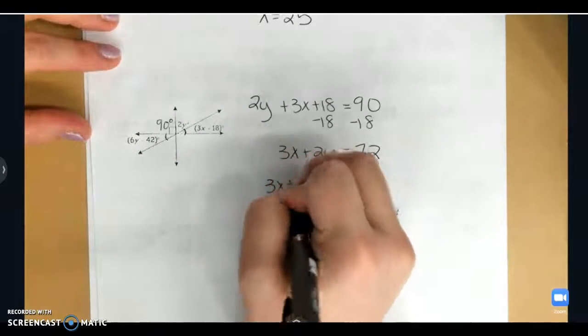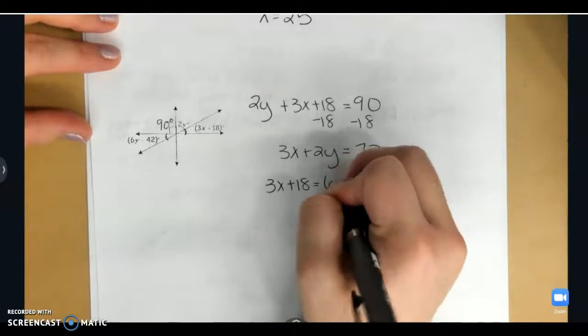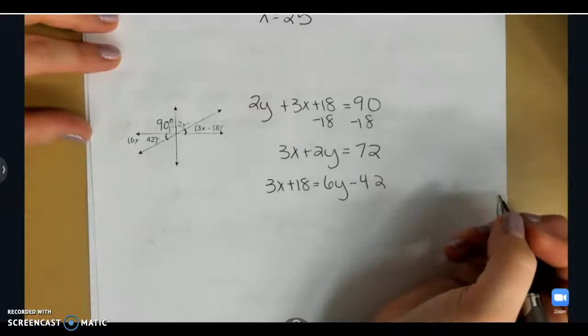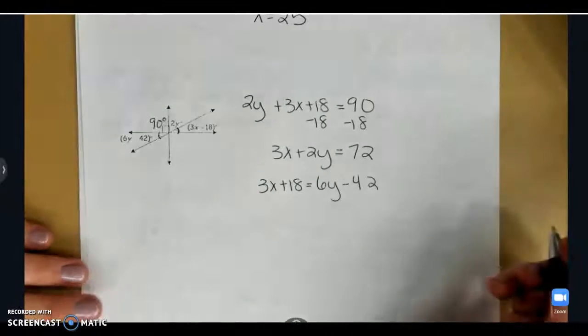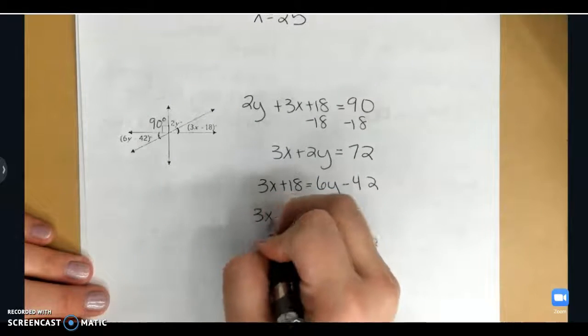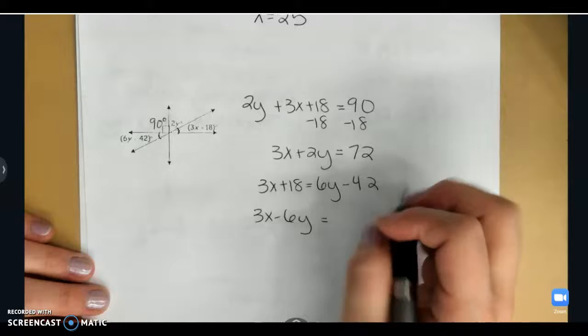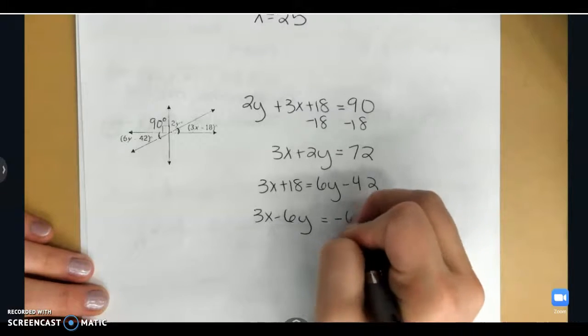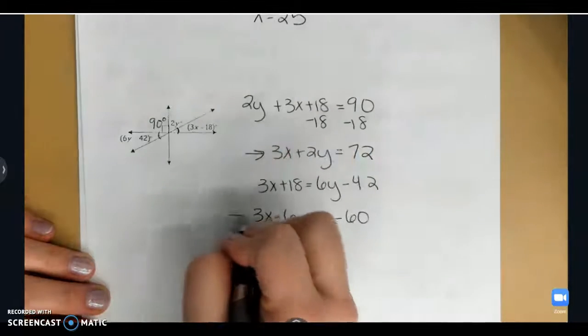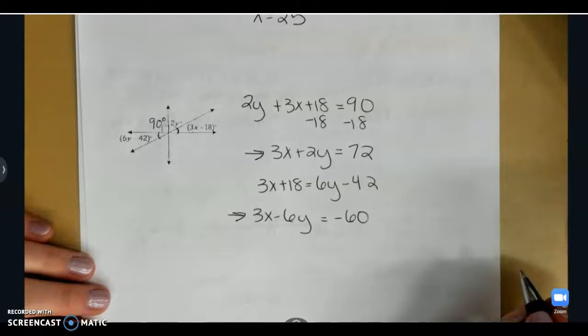So 3x plus 18 equals 6y minus 42. And I'm going to rewrite this one in standard form as well. Get all my variables on one side and all my constants on the other. So here are my two equations in my system.